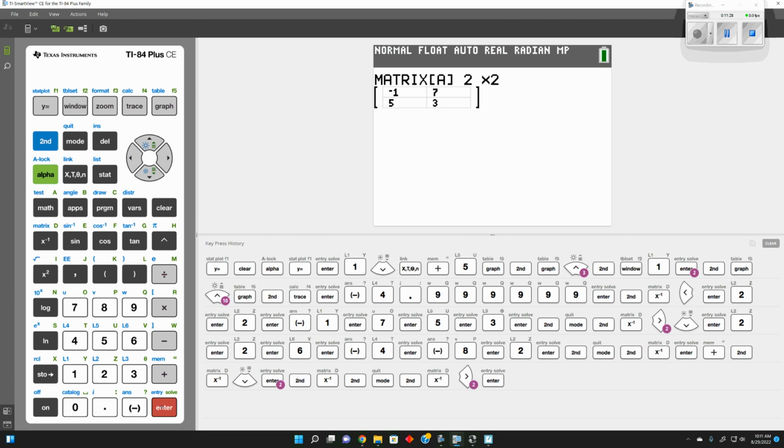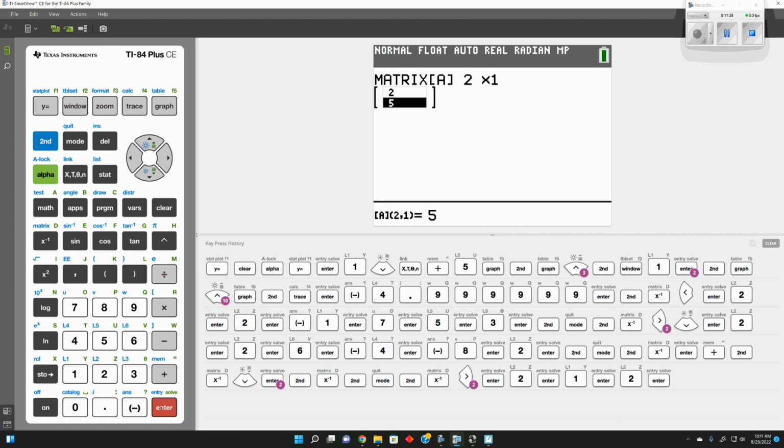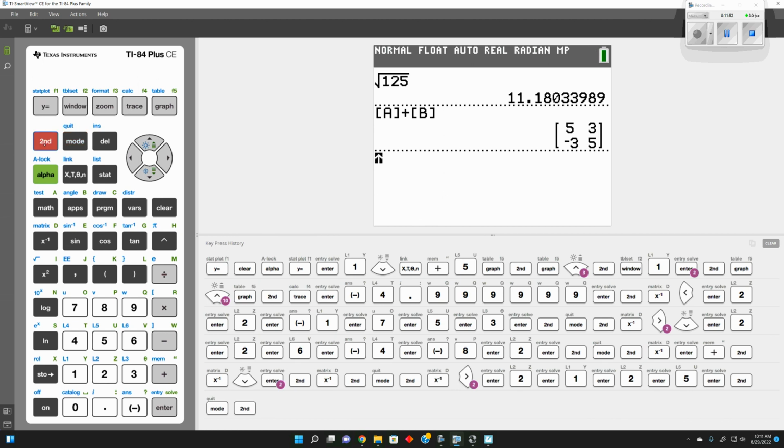Now this time we don't have a 2 by 2, we have a 2 by 1. So we can say 2, 1. Now the first number is 2, and the other number is 5. So that's the first thing we need to do, input the first matrix. Now we can go second quit, and then we need to edit the other matrix.